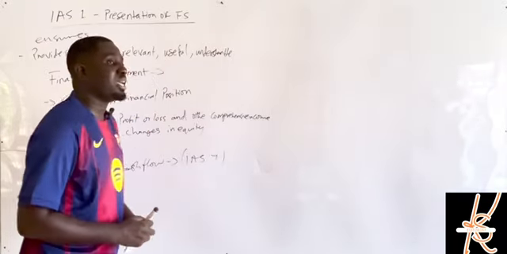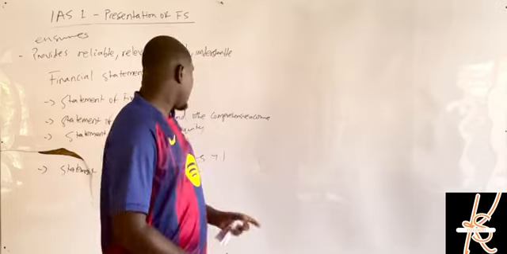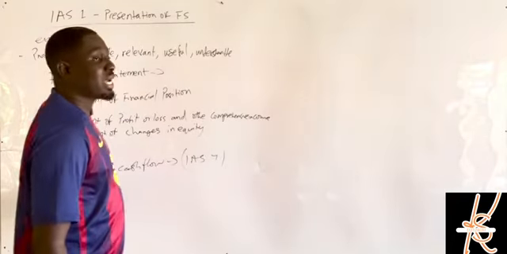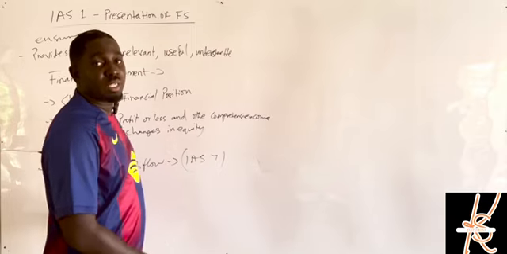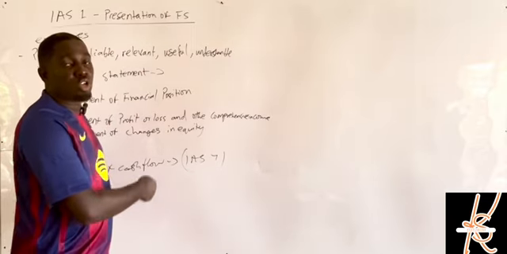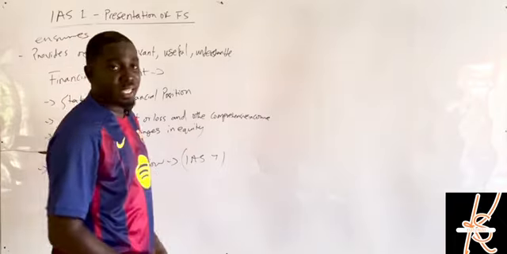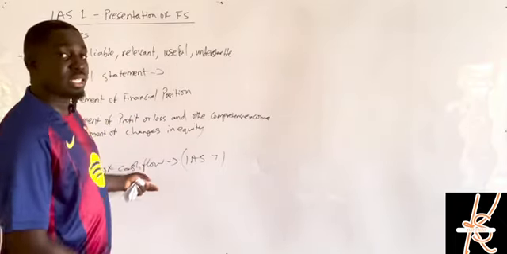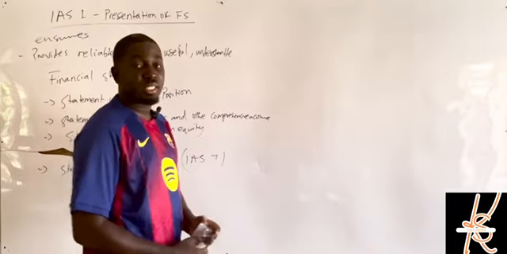IAS 7 sets out the rules or requirements you need before you can prepare the cash flow statement. When we get to IAS 7, we'll talk more about it. Do we get it? But for now, we just wanted to know that it is part of the financial statement. Do you get it? Okay.